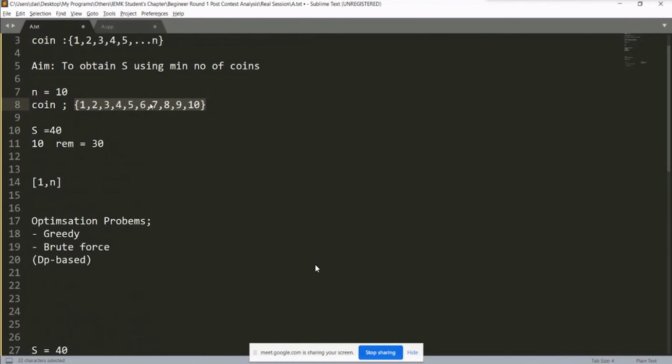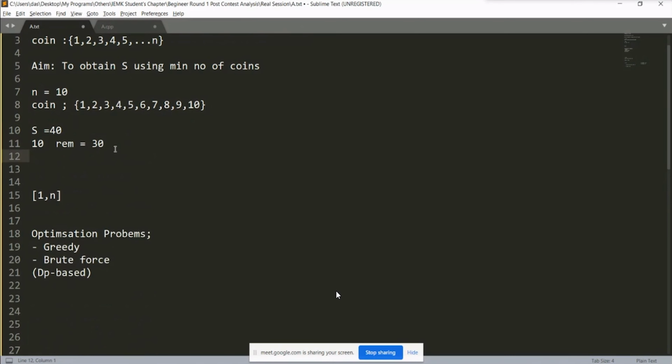It's also an interesting problem, but I think that in some cases it would not be possible, and you would have to terminate it with not possible, because it's not possible to obtain the value with these coins.